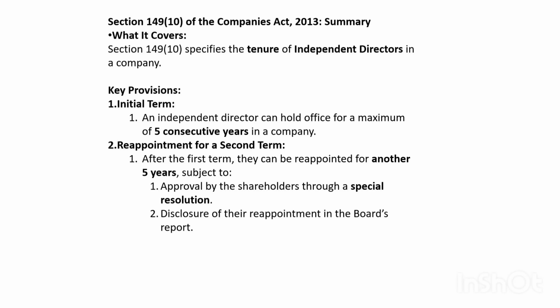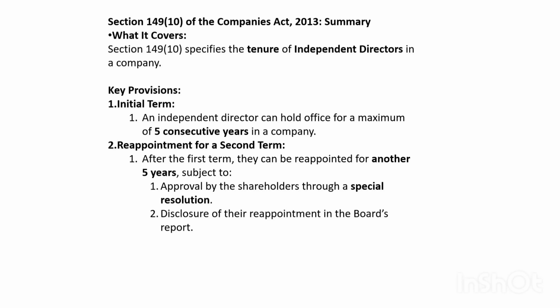Let's talk about section 149(10), which deals with the tenure of independent directors in a company. An independent director can hold office for a maximum of 5 consecutive years in a company as the initial term.